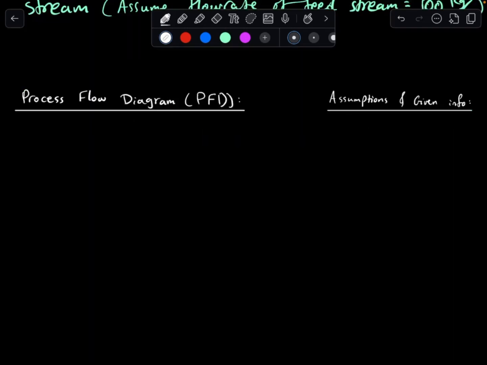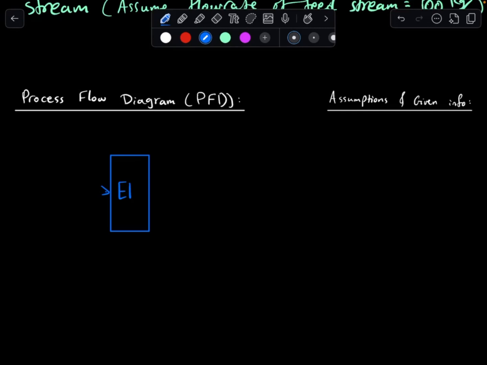First thing first, I would like to draw the process flow diagram for this problem. So, as the question states, we have an evaporator. Let's call that E1. We have a feed stream.